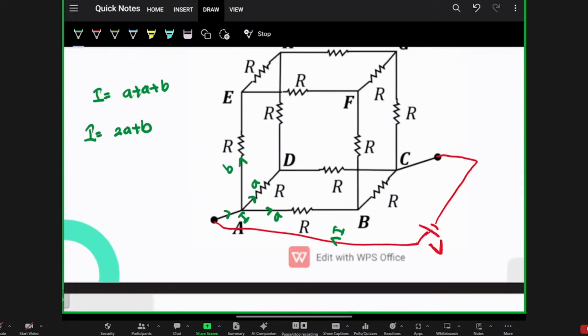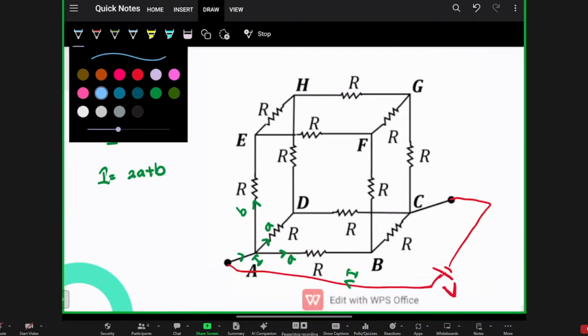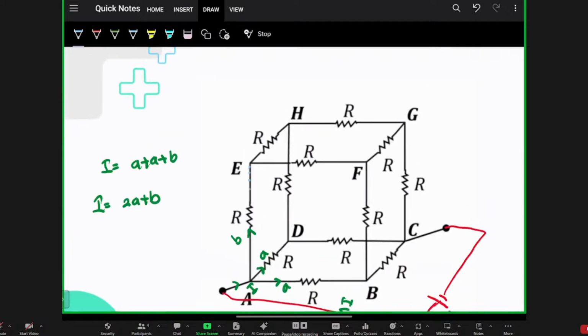Let's see, the B current is coming. The B current is here, and it now has two options. One is this pathway, and second is this pathway. Both the pathways are identical, like these three resistors.